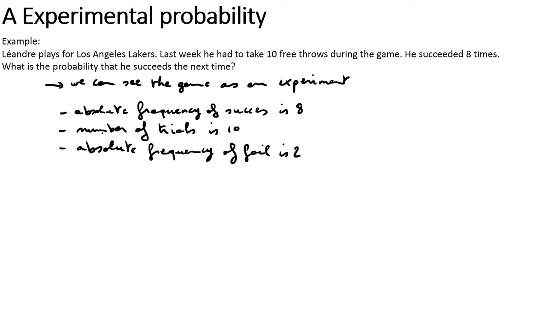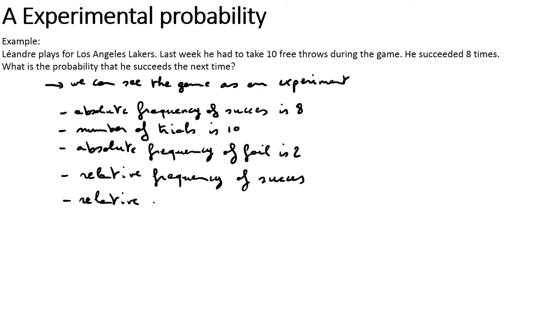We can also find the relative frequency of success and the relative frequency of fail. We are going to see that in more detail in the next part, but we can introduce it here already.